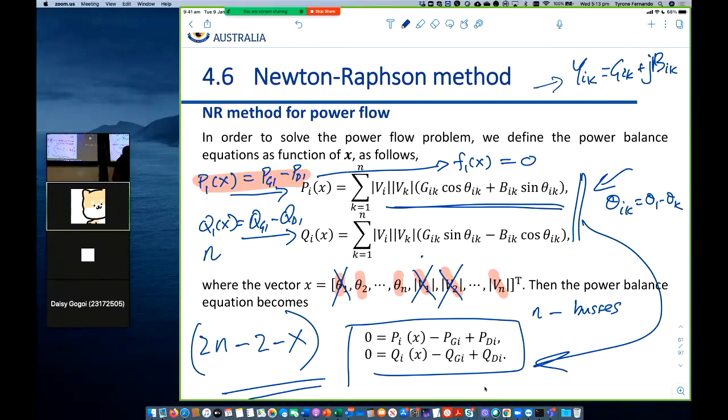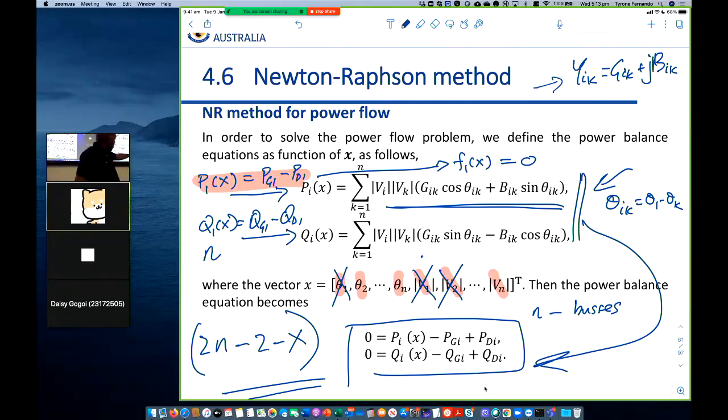PGI and PDI, QGI and QDI, we know for load buses, because that's how load buses are defined. We know the externally injected P and Q for these nodes. That's the definition of load buses.